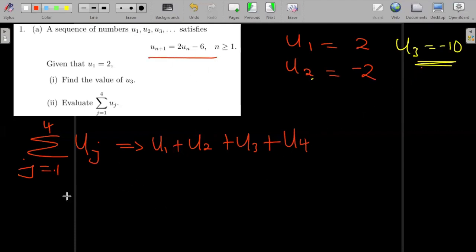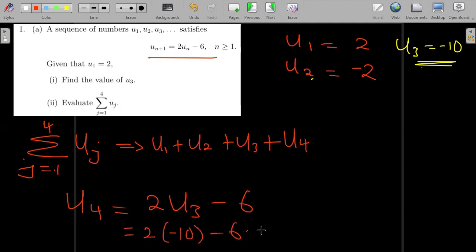Using this formula, U4 is equal to 2U3 minus 6. So 2 multiplied by minus 10, and then minus 6. This is minus 20 and then minus 6, so this will be minus 26. So U4 is minus 26.